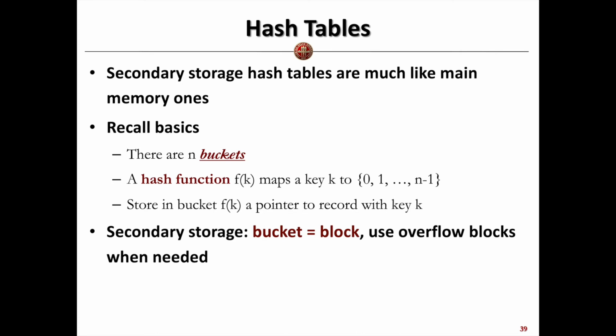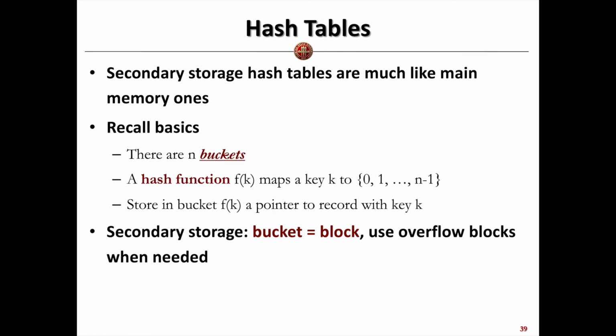Besides the buckets, we also have a hash function, which is very important for hash tables. A hash function is a mapping. Given some keys, we can map each key to a certain number in the range from 0 to n-1. So given any such key, we can project it to one of the n buckets, the index of the bucket this key should belong to.